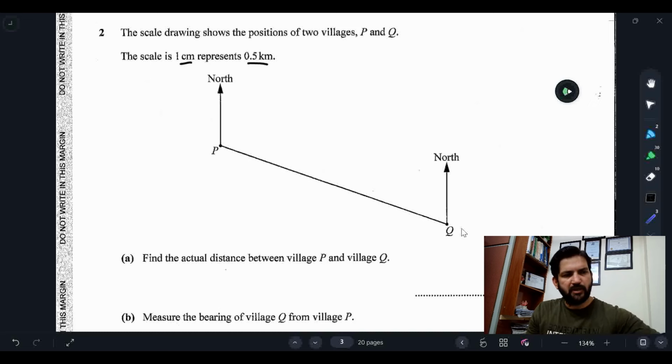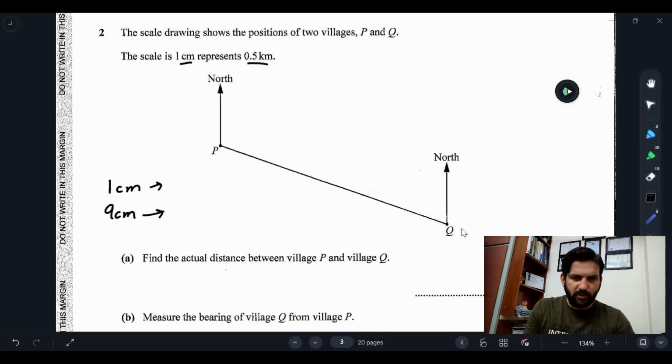You can see that we can use this paper and simply measure the length, and we have seen that the length is 9 centimeters. So as we know that 1 centimeter represents 0.5 kilometers, 9 centimeters will represent 4.5 kilometers. So this will be 4.5 kilometers.